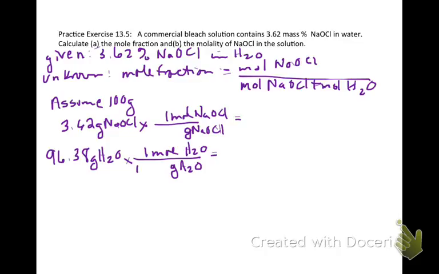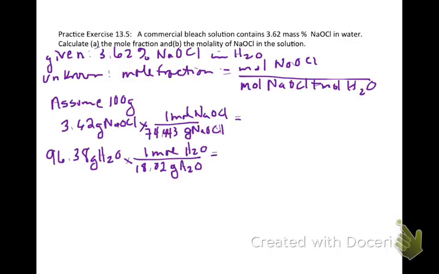So it helps to label things just so that you know what it is you're talking about. Okay, so calculating the molar mass of the sodium hypochlorite, I get 74.443.